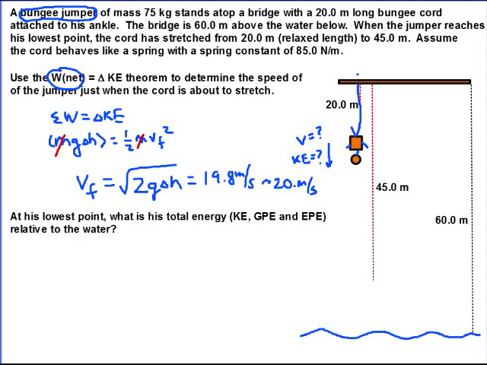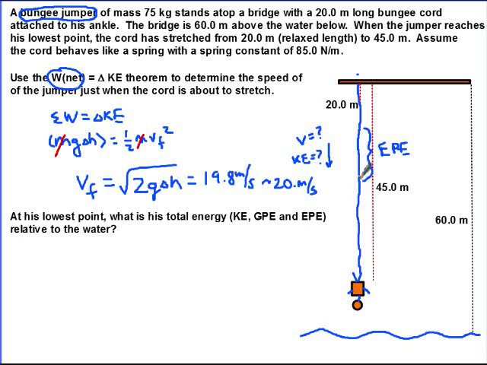Let's keep going now. He's going to continue to fall, and as he falls, the cord starts to stretch. So at this point, he's halfway down, the cord has stretched, and we've stored energy now. There is energy being stored in this cord, and that's because the cord has stretched a given distance. He's going to continue to drop until he gets down to about here. So at this point, I'd like to know what is his actual elastic potential energy.